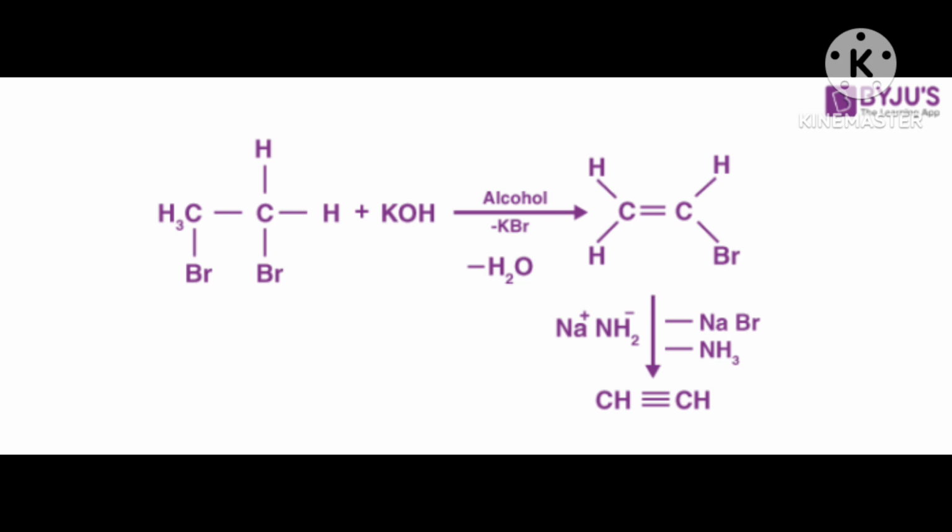If you heat calcium carbonate, you will get two products: first calcium oxide and second carbon dioxide. Now this calcium oxide is called quicklime. Now you got quicklime, then this quicklime plus coke.